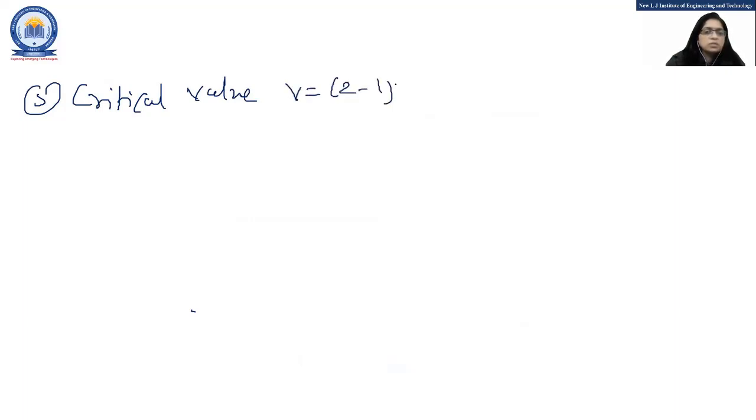So critical value. V is number of rows minus 1 into number of columns minus 1, 2 minus 1, so 1.